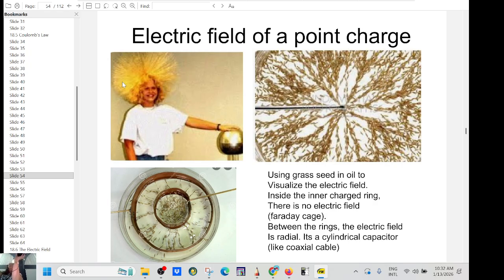It makes it through. So if I touch it, it's very happy because it can go through my body into the ground, but the current is so small that I'm not feeling anything. Isn't that amazing? The electric field is real, you can visualize it. I highly recommend that you ask ChatGPT how it works because it's amazing.